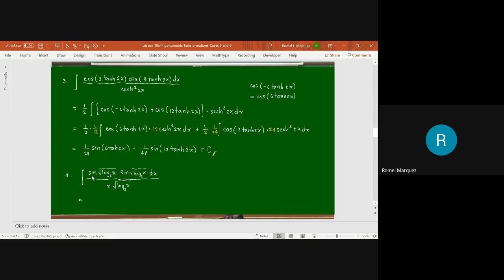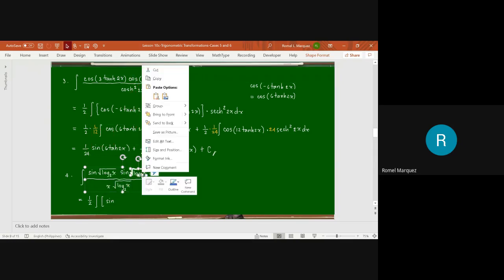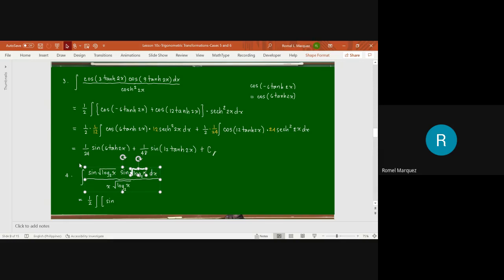So I will apply the identity for sine. So that is 1/2 integral, sine of... let me put here... I think I missed something. Wait a minute, there must be a coefficient.